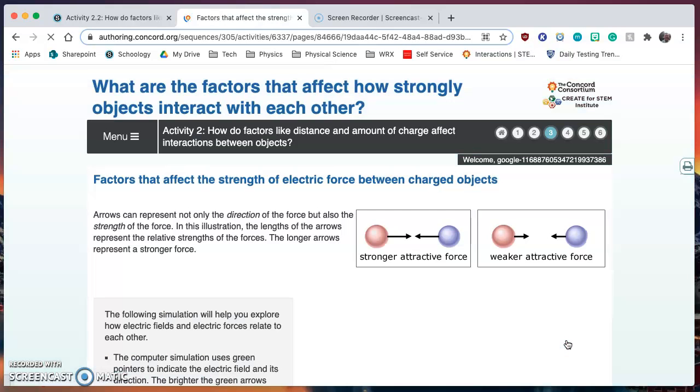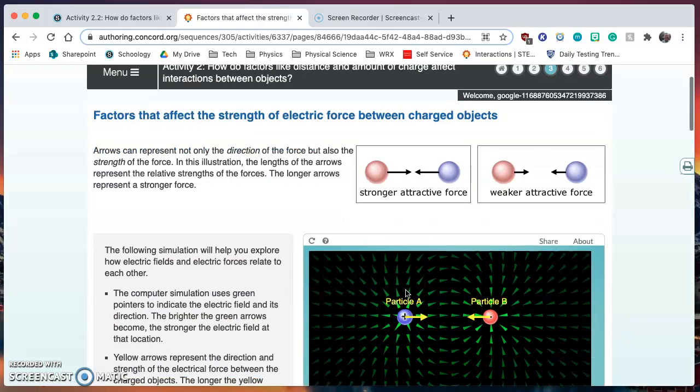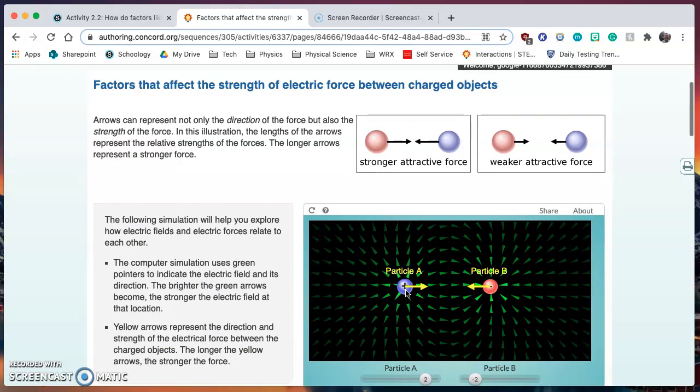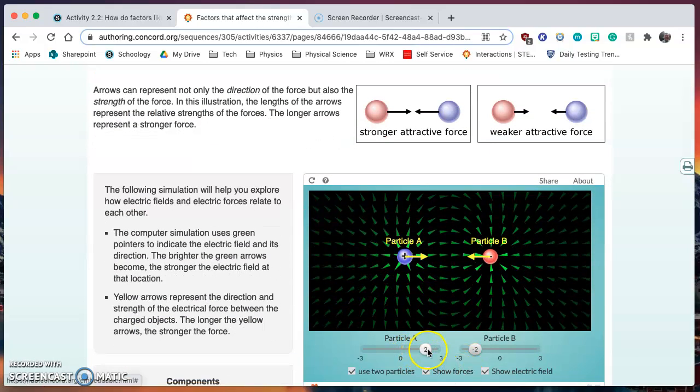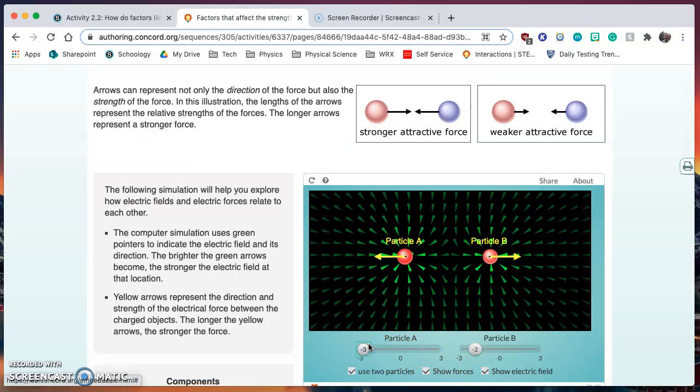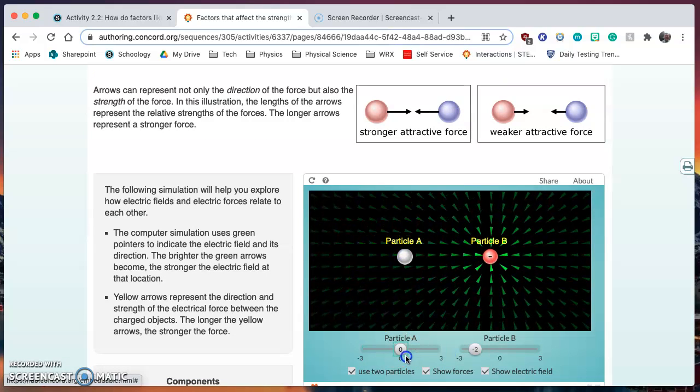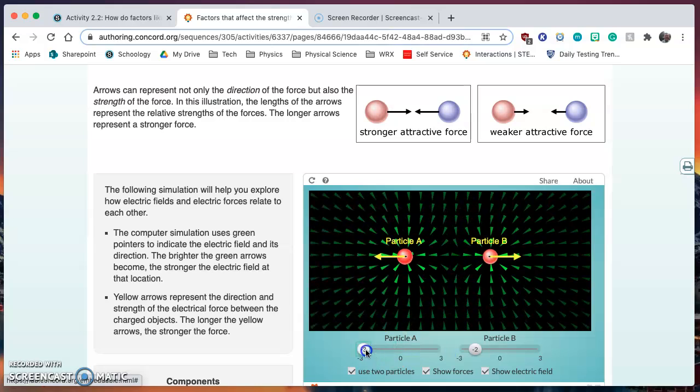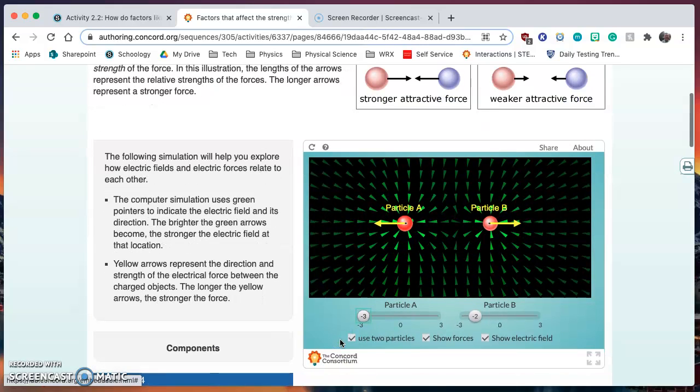Moving on to the next part, it gets into a simulation. All right, I can manipulate the charges. I've got two particles. I can make them negative or positive or neutral, and I can strengthen that force one way or the other. All right, I can take a look at either one or two particles.